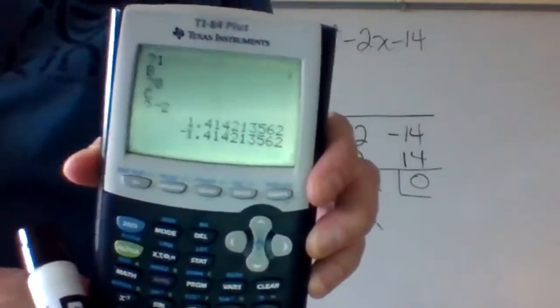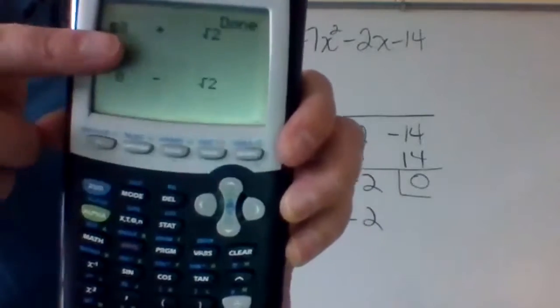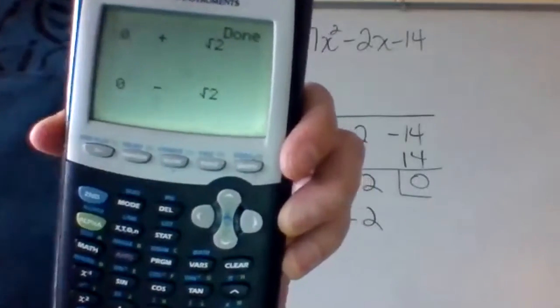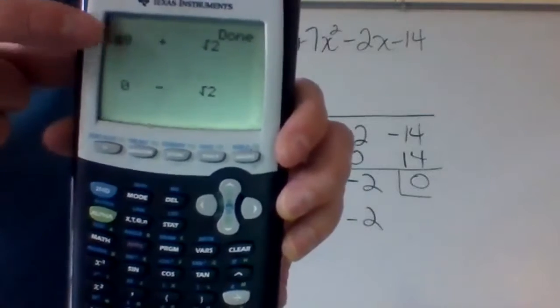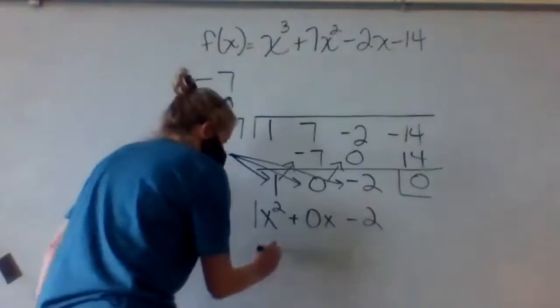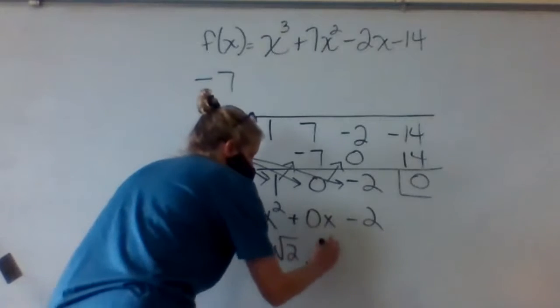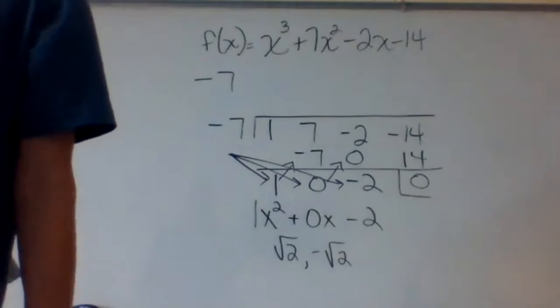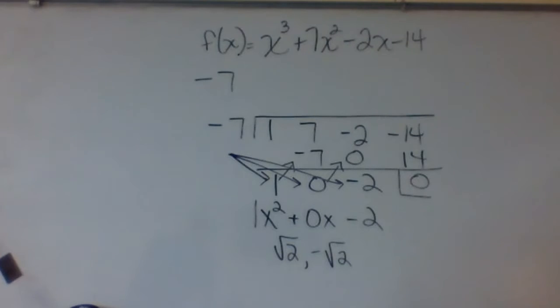Weird decimal. Enter again. There's your other 2 zeros. Since that's a 0 right there, 0 plus the square root of 2, you don't need to write that, you can just write square root of 2 and negative square root of 2 are your other 2 zeros.